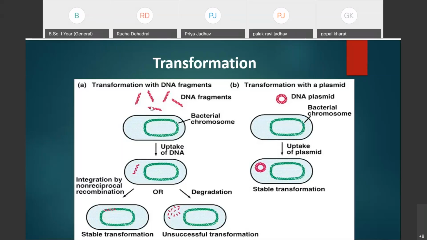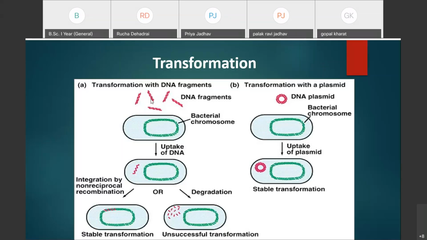Okay, you can see the first step in this process is the entry of this exogenous DNA inside the bacterial cell. These DNA fragments will reach the entry site, and then due to the nuclease enzyme, this double stranded DNA will break down and get converted into single stranded DNA.